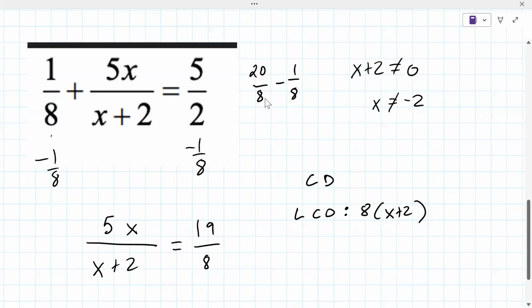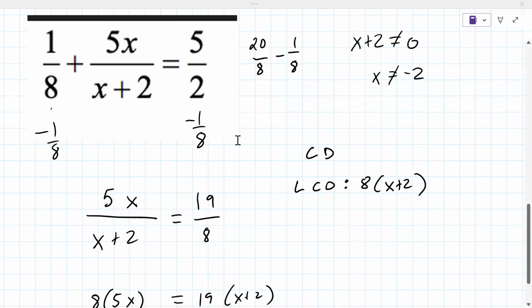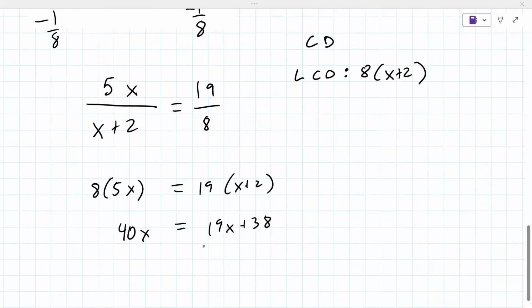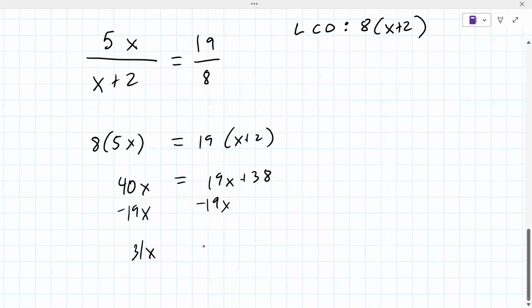This is a special case where you can do that, and it's probably something your teacher would do to cause you to use up precious time. Because you could make a common denominator and a least common denominator, but you don't have to because it's a number. So you get down here, you subtract 19x from both sides. 21x equals 38, divide by 21, and x equals 38 over 21.